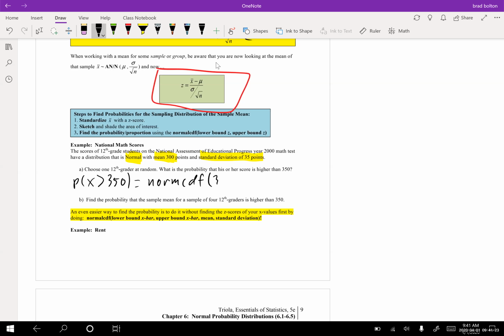We're going to go from 350 to how far? How high? Well, remember, just pick a random large number, 99999, comma, standard deviation 300 for the mean, standard deviation of 35. Let's see what we get from that.